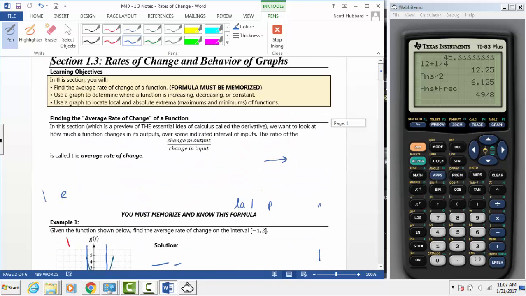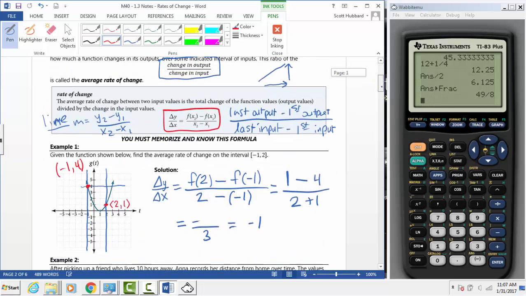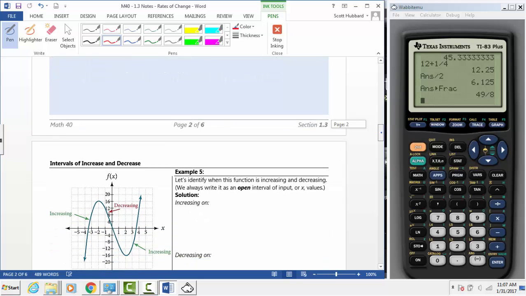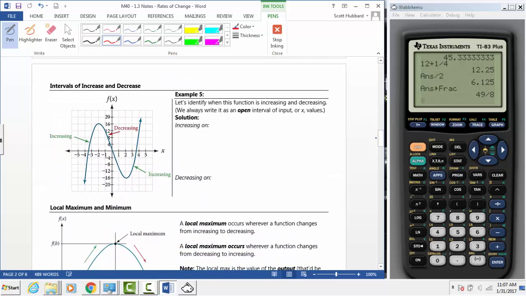And always remember that it's last minus first divided by last minus first. Okay, this formula here is important, so make sure that you know it before going on. But remember, this is just the slope formula. So if you can remember y2 minus y1 over x2 minus x1, you can remember the average rate of change formula. Students usually do really well with this formula.